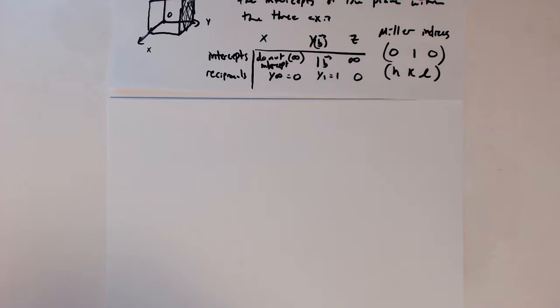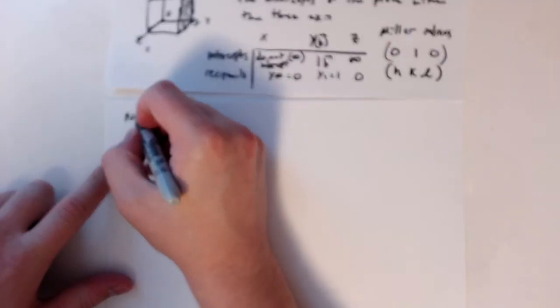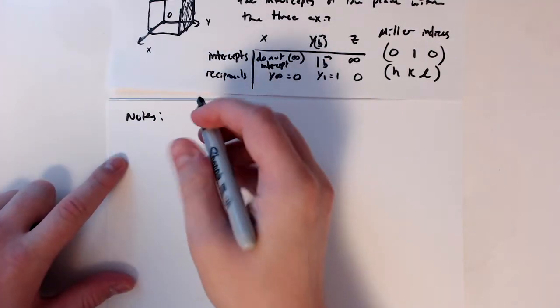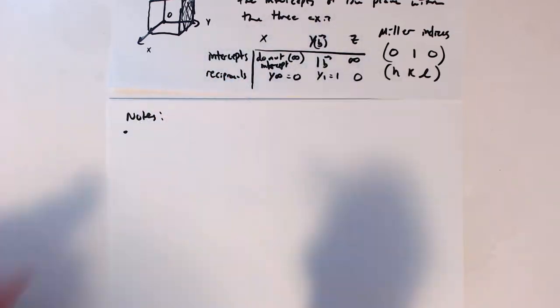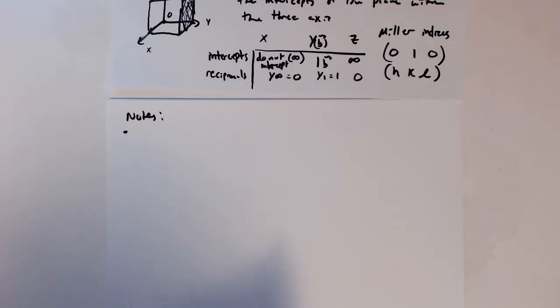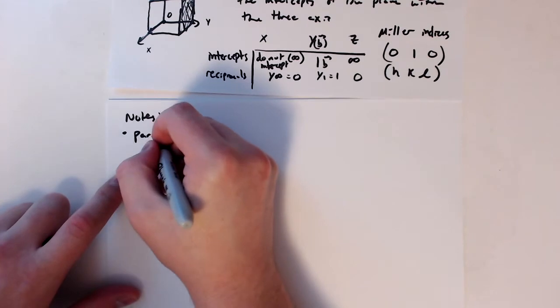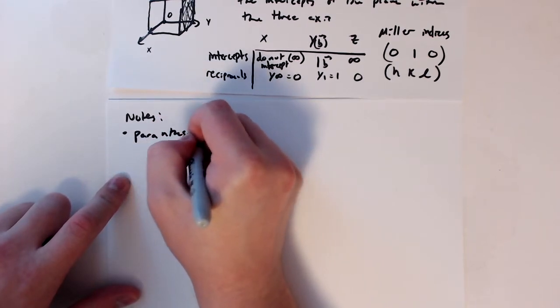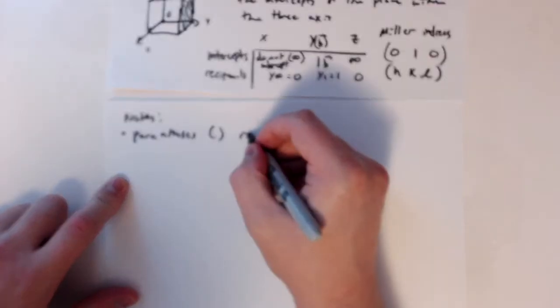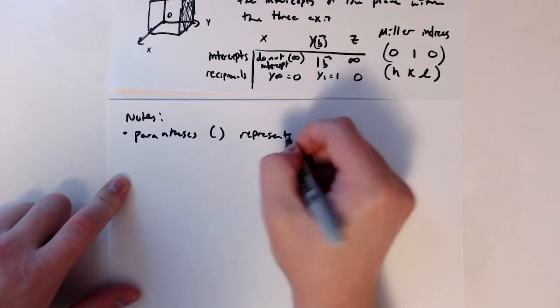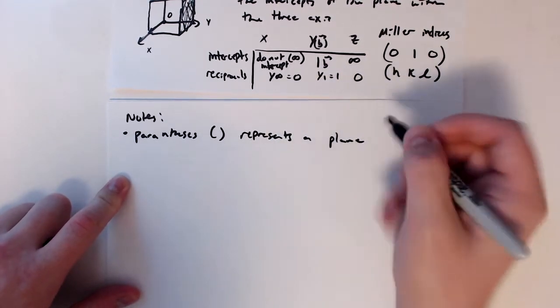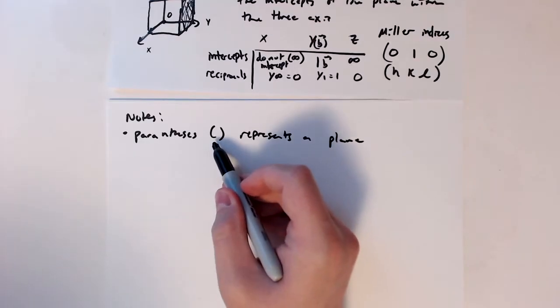So I want to give some other notes, just like we did with directions, that illustrate how we define planes and the nomenclature or the way that we describe them to communicate to other people. So again, parentheses represent a plane. If I just see the parentheses, I know it's a plane.